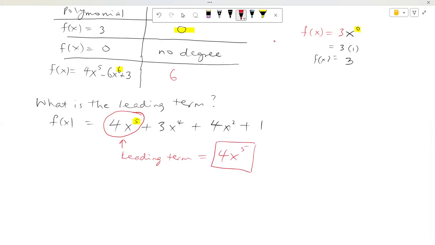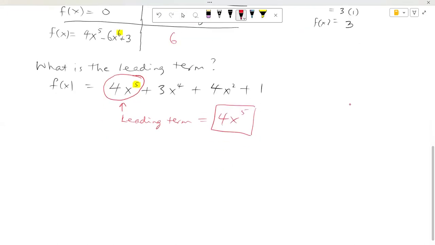Okay. And based on this, we can determine what we call the leading coefficient. So the leading coefficient is going to be the number in front of the variable that bears the degree or determines the degree, right?